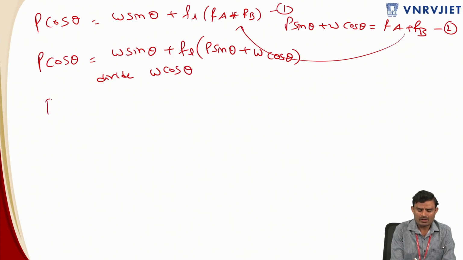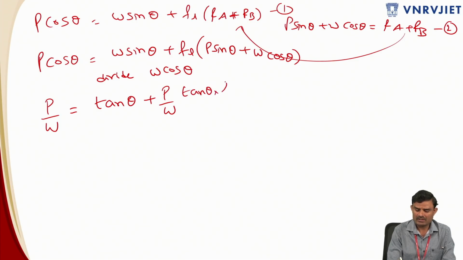So if I divide with W cos theta, W and cos theta get cancelled, so we are left with P by W, and here W by W gets cancelled, so sin theta by cos theta, which is tan theta, plus FL, first term will be P by W, and again sin theta by cos theta, so it will be tan theta multiplied by FL, plus W gets cancelled, cos theta gets cancelled, but we are left with a single term, which is FL.